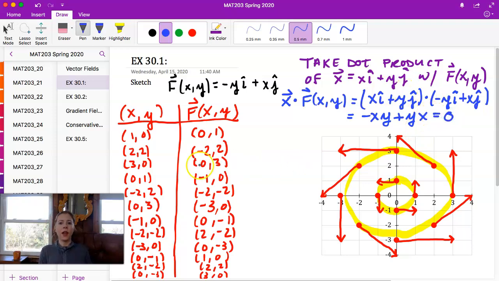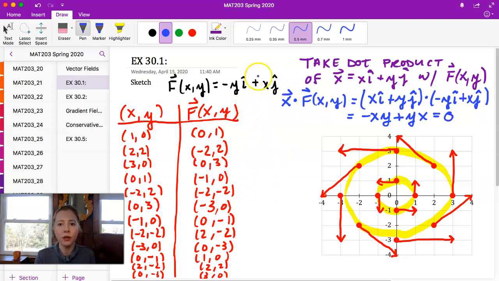And so if we have two vectors that we're taking the dot product between, and the dot product is equal to 0, that tells us the angle between the two vectors is going to be 90 degrees or perpendicular.